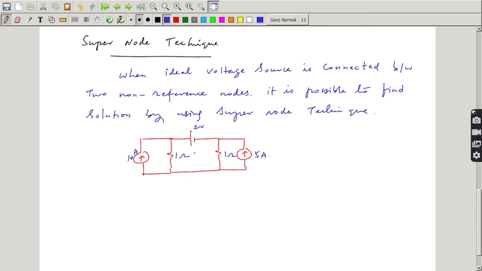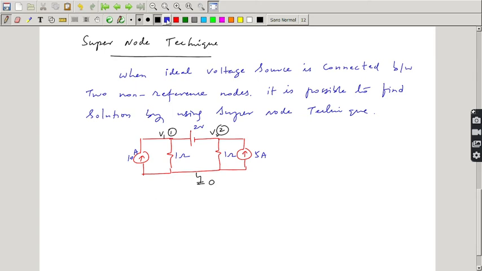Okay, so by the general procedure of nodal analysis, we are not able to find the node voltages if the ideal voltage source is common between two non-reference nodes. You can take this as node 1, this as node 2, and this as the ground or 0 reference node, and assign the node voltages V1 and V2 here.